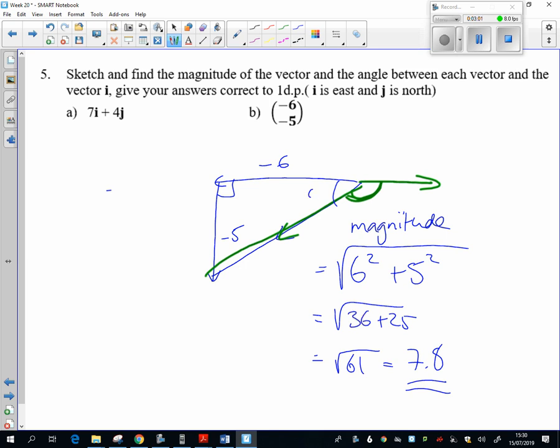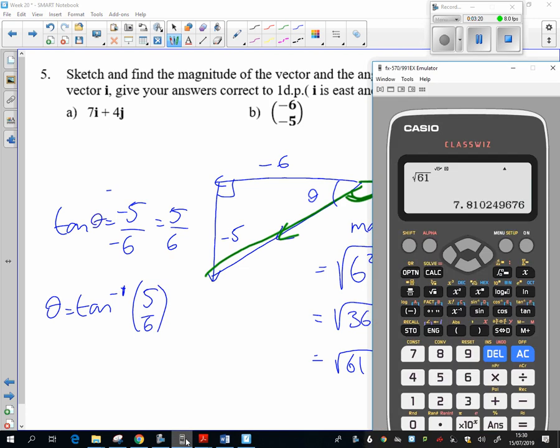So if I call that theta, so tan theta is opposite over adjacent. So it's minus 5 over minus 6, but obviously that's just the same as 5 over 6. So theta is inverse tan of 5 over 6.